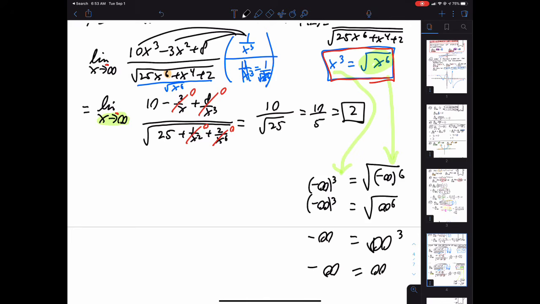We have an untrue statement. So it's not true that x cubed equals square root of x to the sixth when x is negative. That statement's only true when x is positive. But now I'm doing x is negative. So how do I make that statement true? I'm dividing by x cubed.